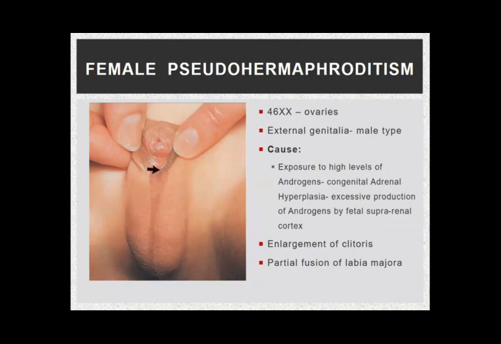So when there is production of androgens, the external genitalia become male type.